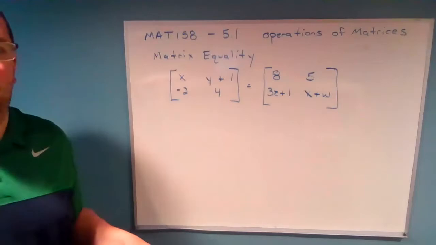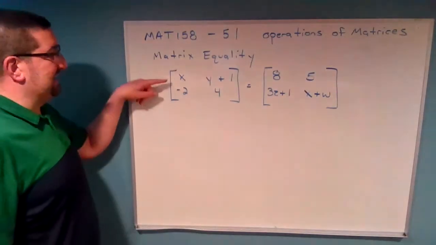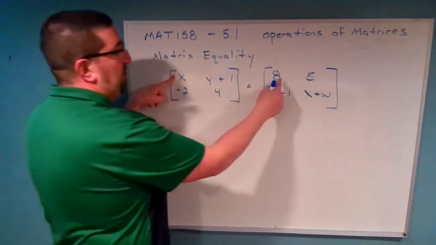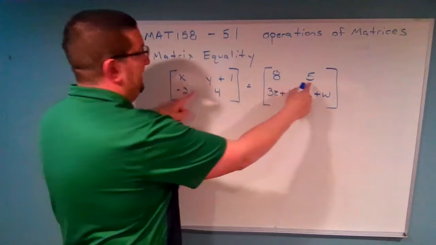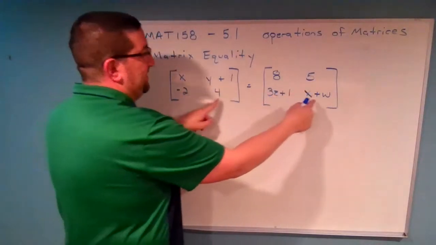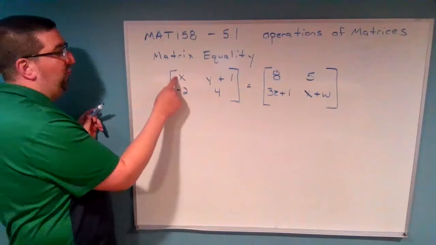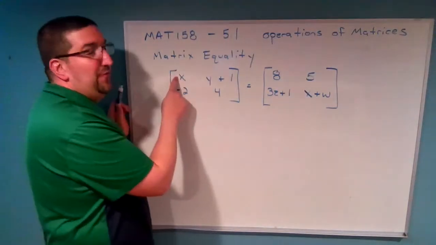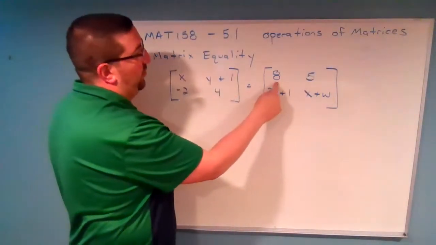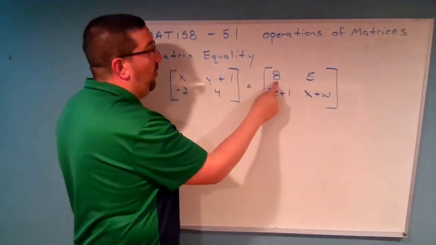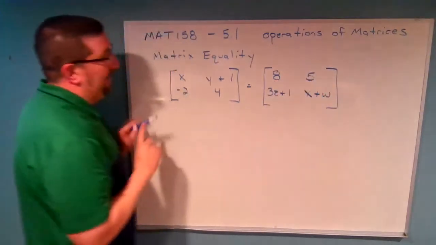What we have to understand about matrix equality is that the entries in the same corresponding positions are equal. So in this case, row 1, column 1 of the first matrix is equal to row 1, column 1 of the second matrix.